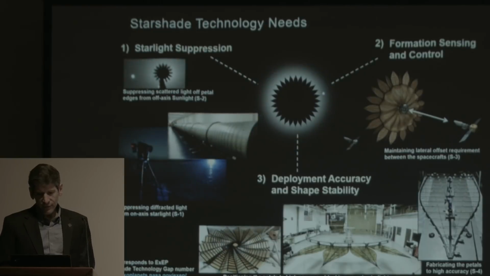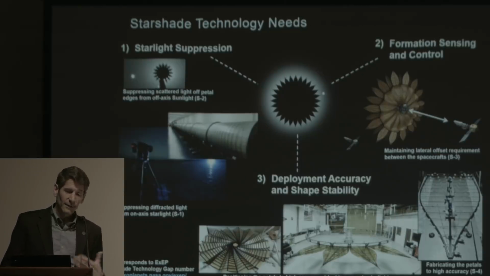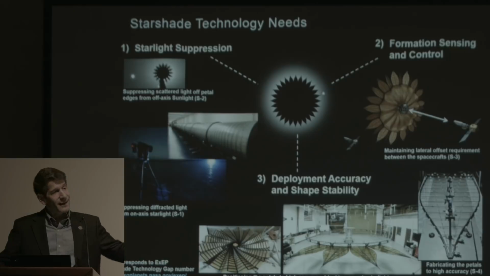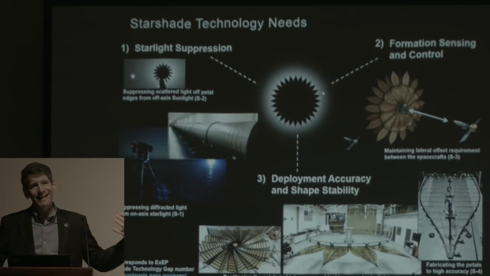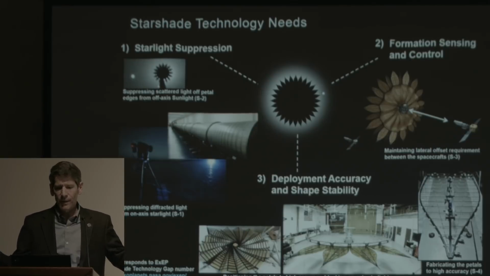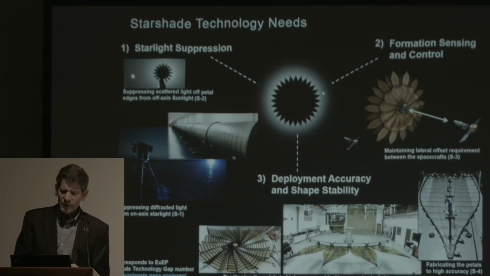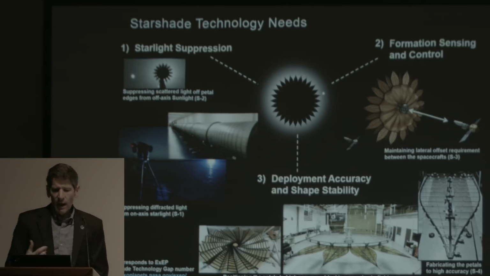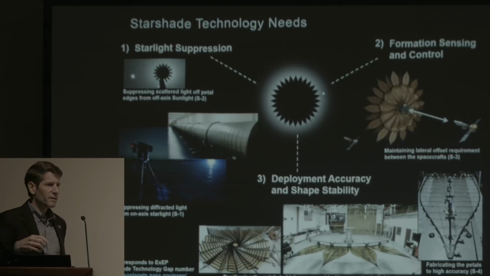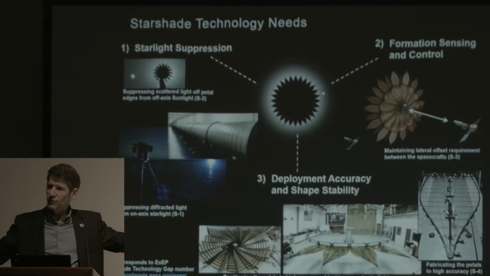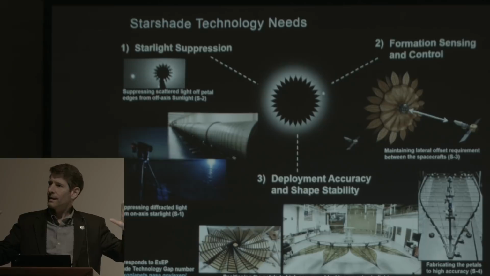As far as starshades, we are also working on developing independent deployable starshades. They have to fold up. There's a magnificent origami of these structures that may be 30 to 100 meters in diameter that have to fold up so they can fit in a rocket fairing. And so you can see here along the bottom of this image some of the technology that's being developed right now at JPL. The challenge is this 50 to 100 meter scale structure actually has to be stable to within a millimeter.